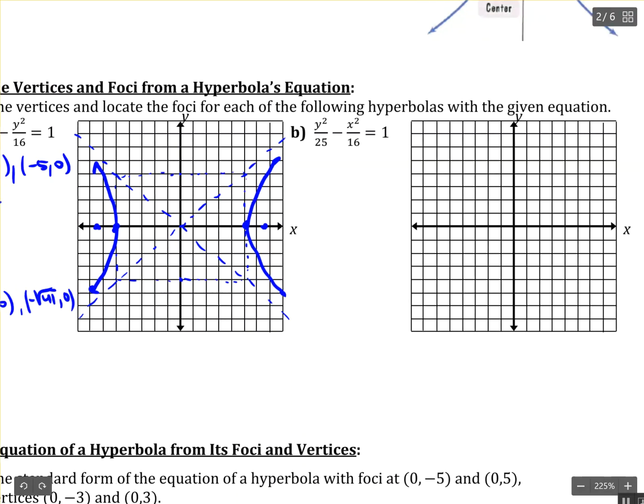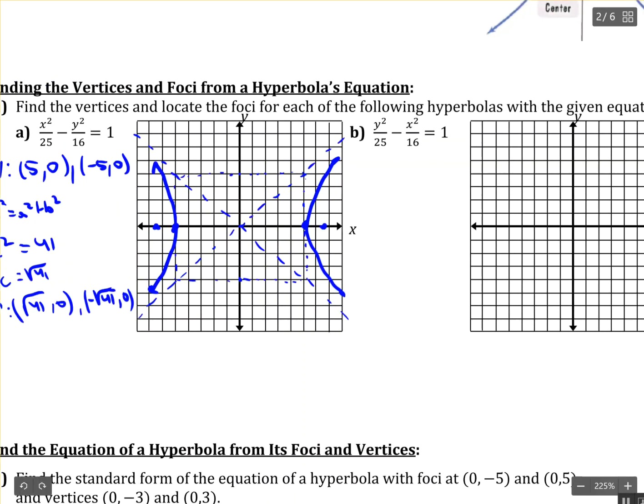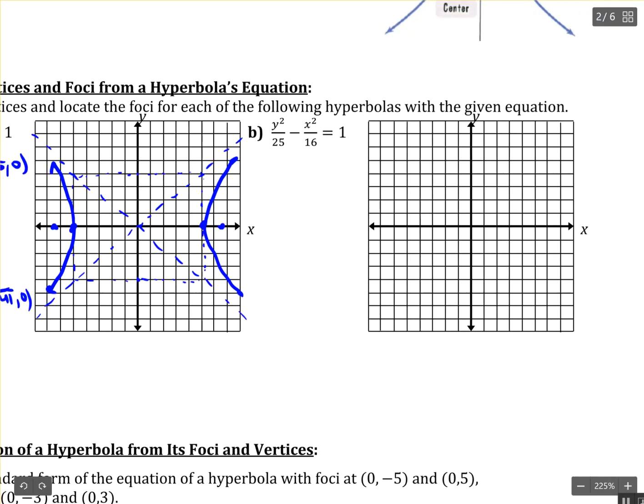All right, so let's do part B. Notice this is exactly the same thing, except x and y are switched. So now the 25 is under the y, so I'm going to go up and down 5. Those are going to be my vertices. And if I make my box, I'm going to go left and right 4.